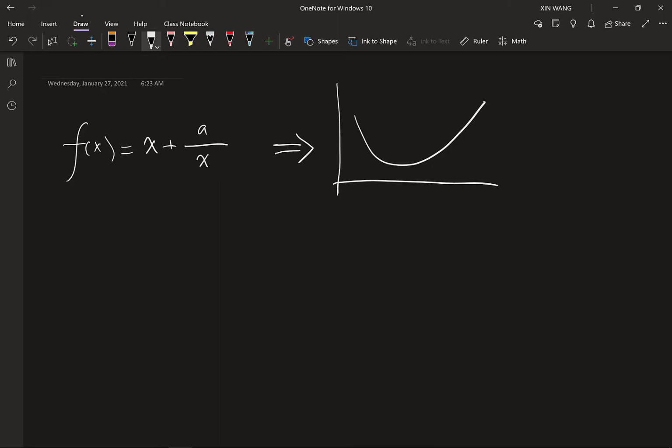So our function for the total cost has a similar structure. We have the function of h equals to some constant terms.